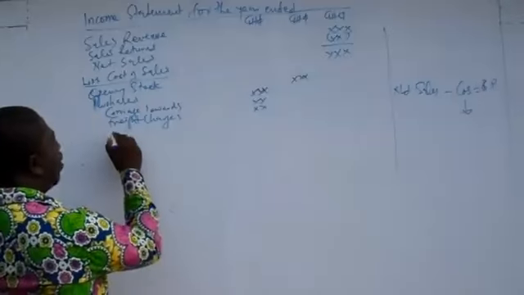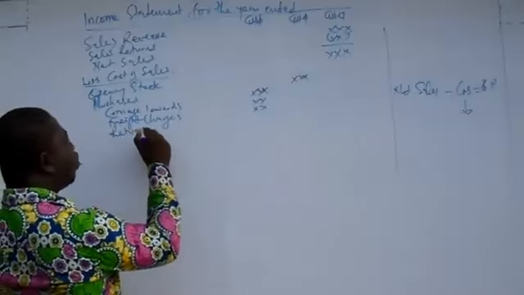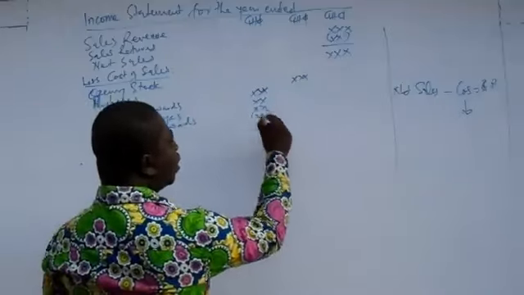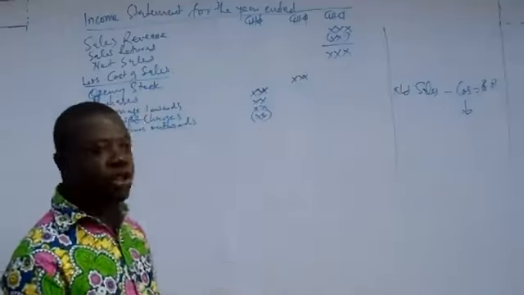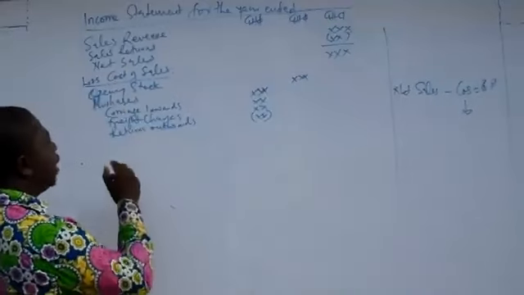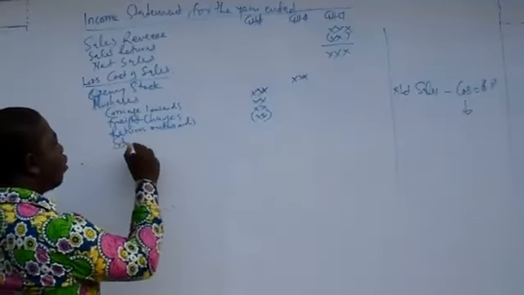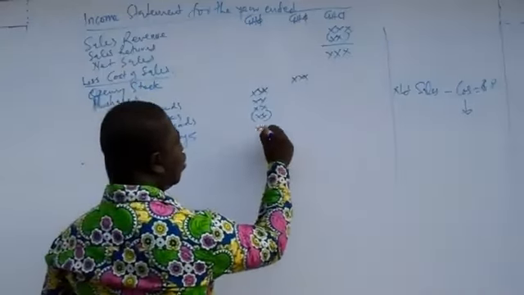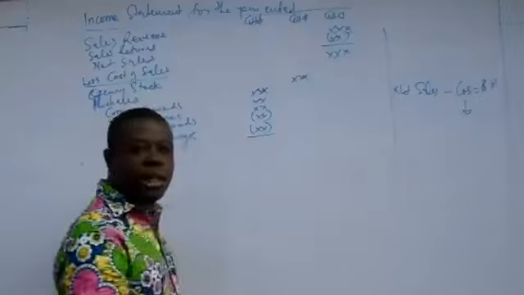Now, if there are any returns outwards or purchases returns, that will be subtracted, because I told you that when we are subtracting, it should be in brackets. And then any stock drawings will also be subtracted.